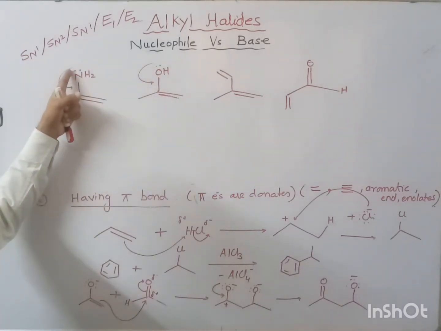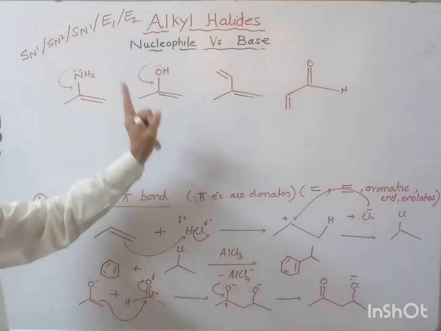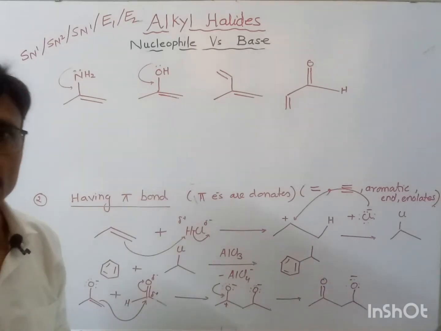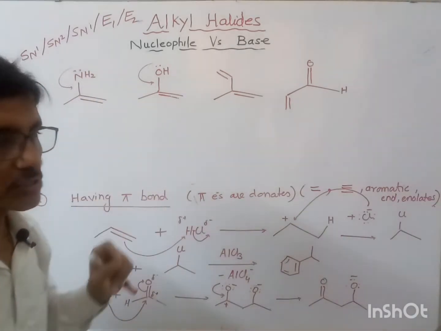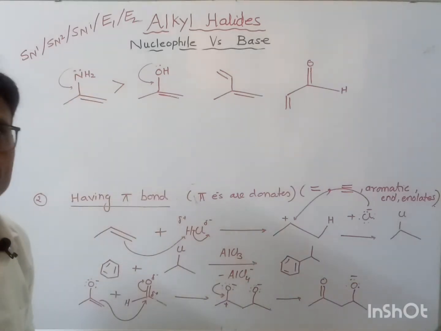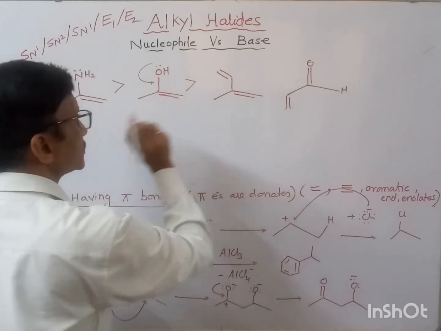So these lone pairs are much more loosely held in comparison to this lone pair. That's why this will stabilize the positive charge much more in comparison to this, and that's why this is the stronger nucleophile.